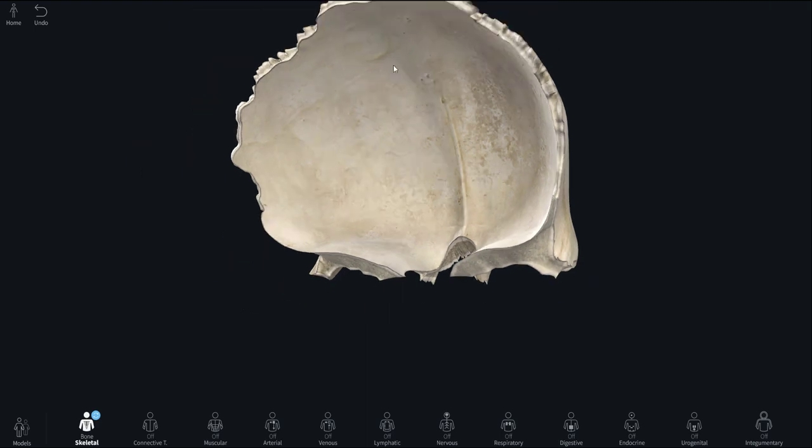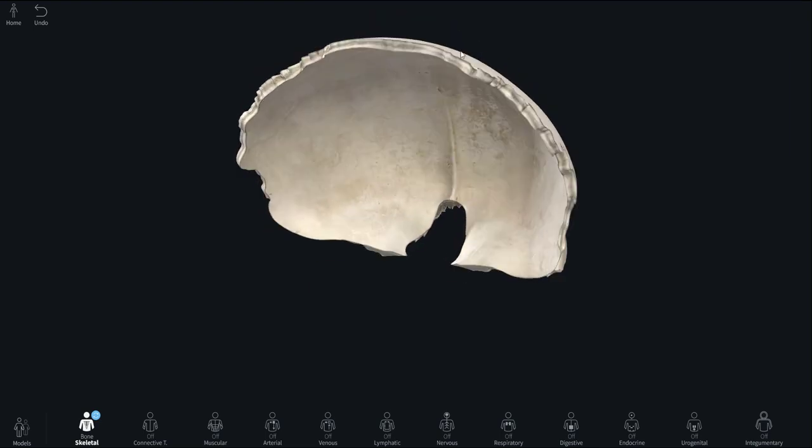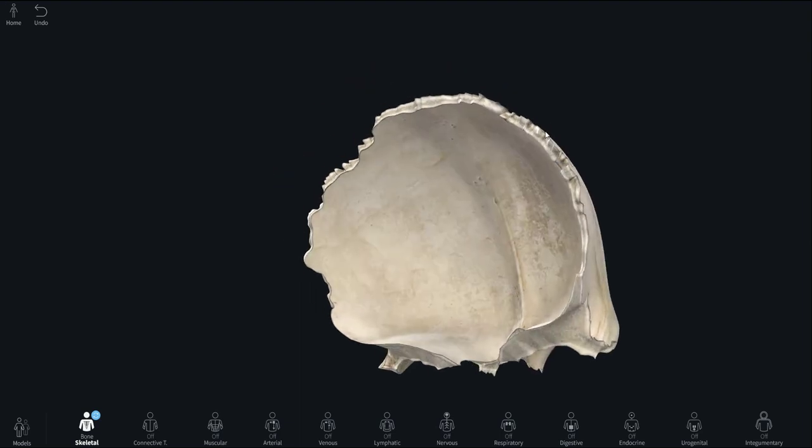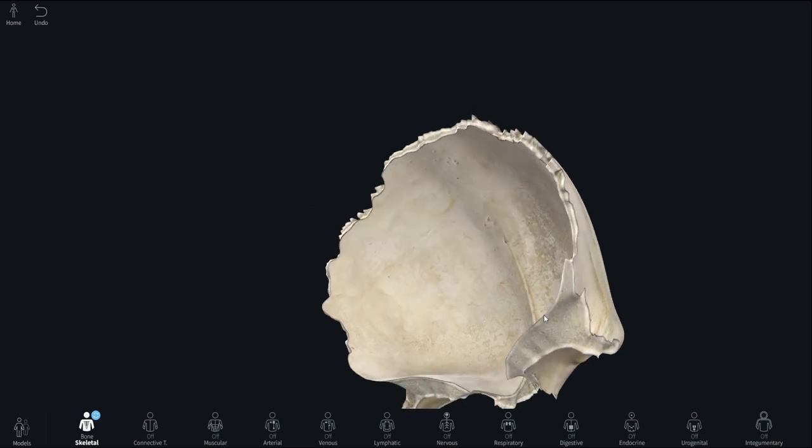This is where the articulation of the parietal bone is taking place, but not up to this right here. So what bone is articulated to this triangular area of the frontal bone? The answer is the sphenoid bone.